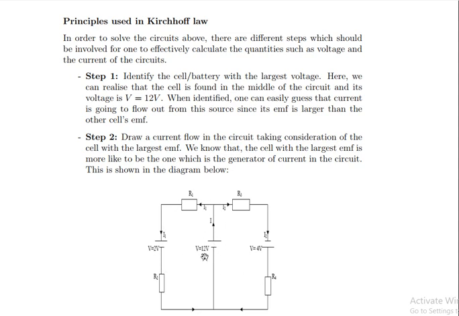So step 1 tells me to identify the cell with the largest voltage. Step 2 now tells me to draw current from that cell with the largest voltage. So the I is going to flow from the positive terminal of this cell outward as such here.